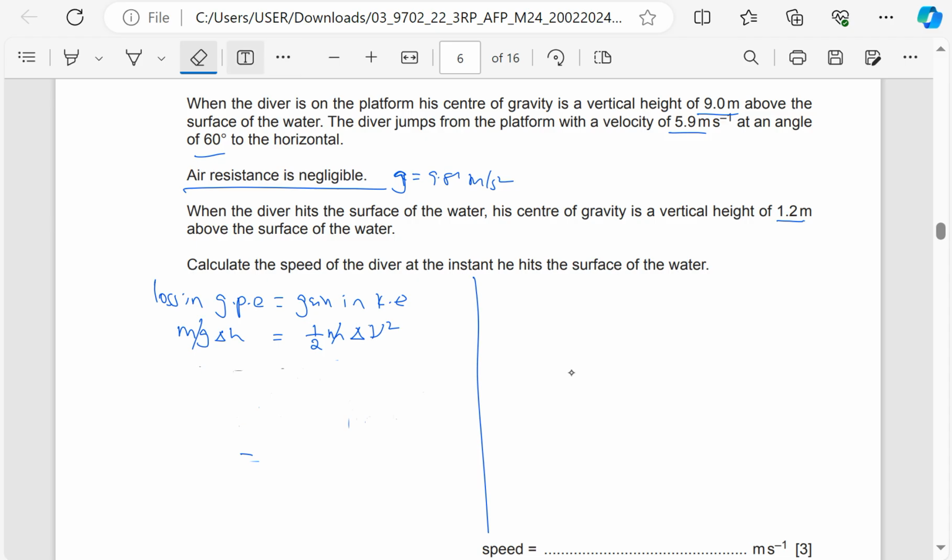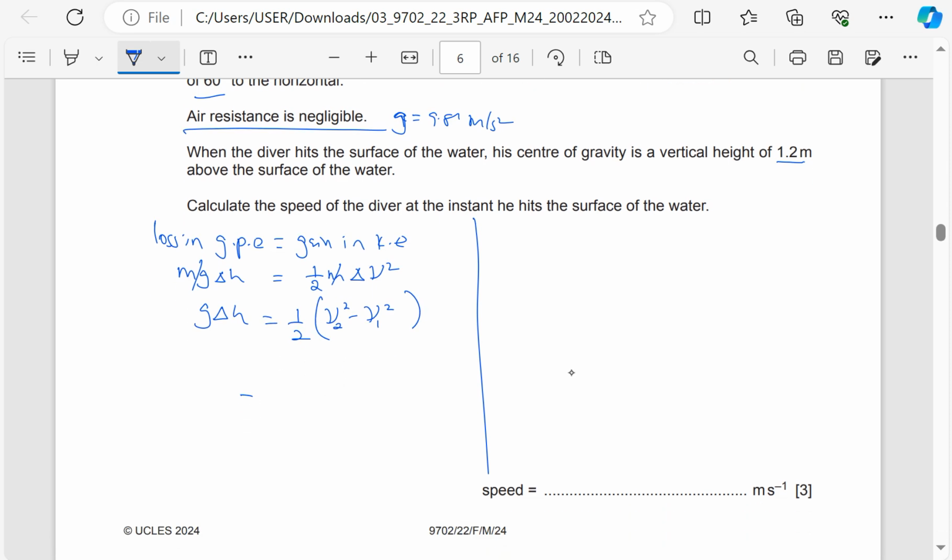Since the mass cancels out, I'll have g times change in height equal to a half of v2 squared minus v1 squared, where v1 is at the platform. I'm trying to find v2, because this is the gain in kinetic energy.